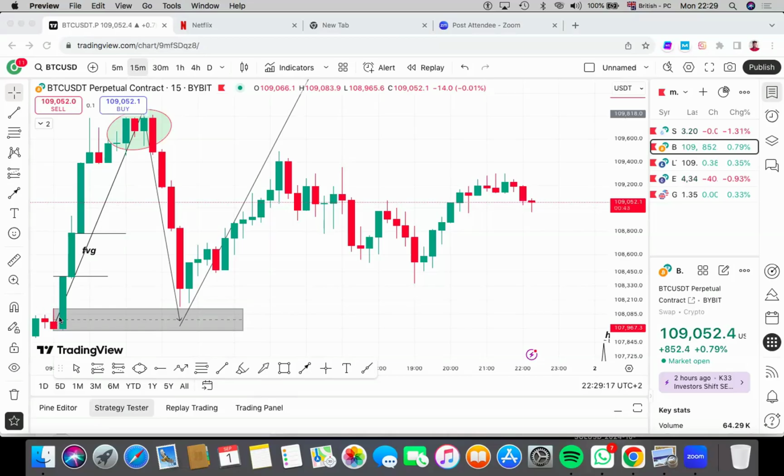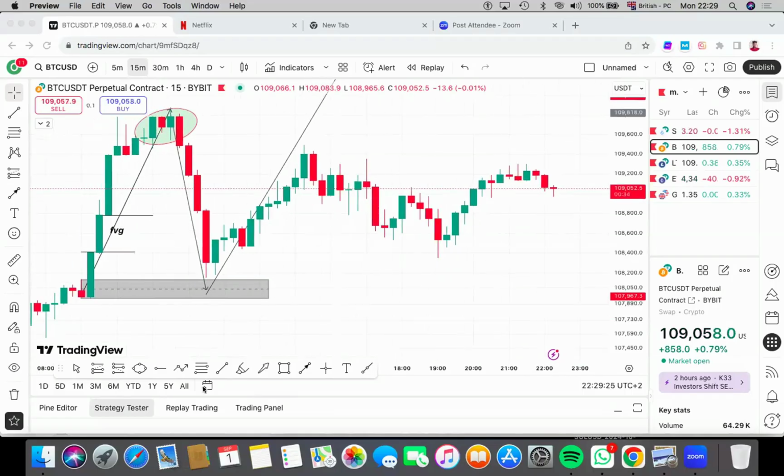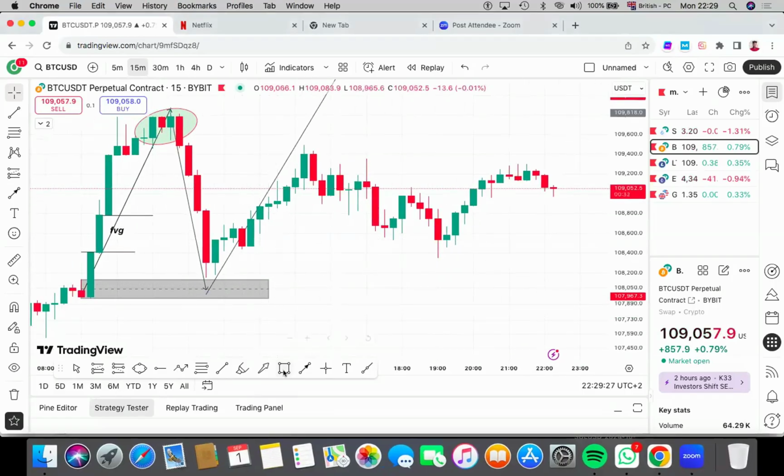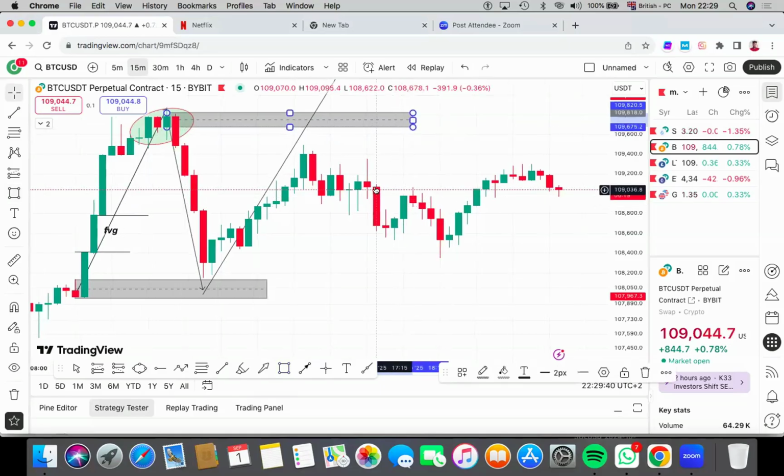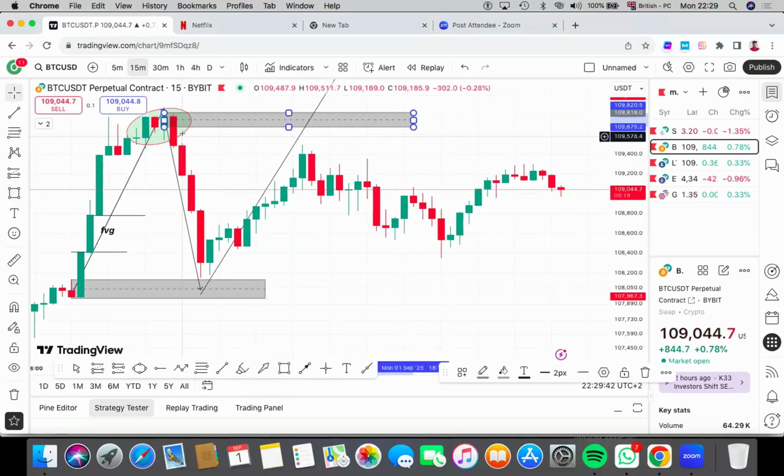So you want to spot the last bearish candle before the market moves. So if you were looking in the bearish scenario, this would be our guy here. You see, before the bearish move. Okay. And there's a gap here.